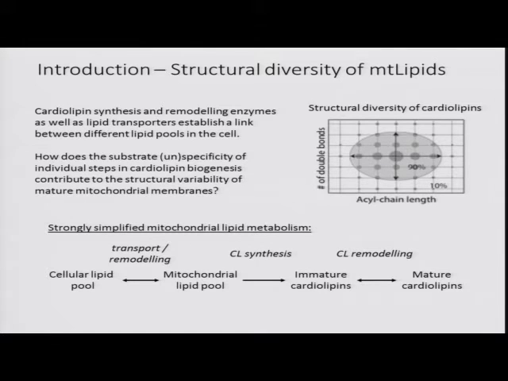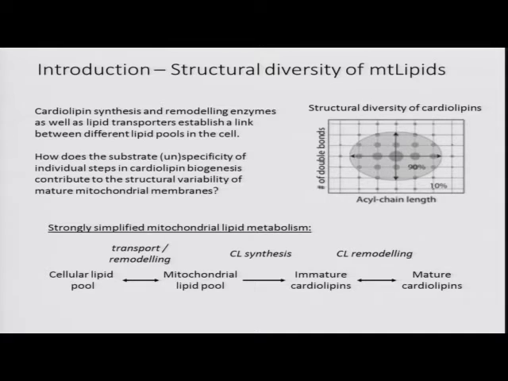First of all, the thing that interests me throughout my whole career, in which I'm working on different lipid metabolizing pathways, is how the cells are able to establish in a quite specific way the structural diversity of different lipids that are present in the membranes, but also of special kinds of signaling lipids I was working on earlier.